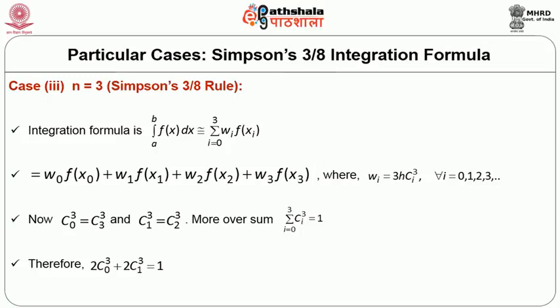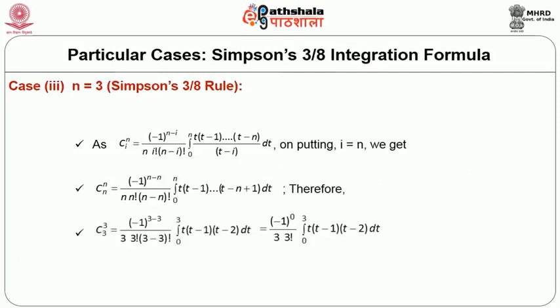And let us use the properties. 3c0 is 3c3, 3c1 is the same as 3c2, and the sum of all these 4, 3c0, 3c1, 3c2 and 3c3, has to be 1. So we need to derive only one of them, because 3c0 is the same as 3c3 and 3c1 is the same as 3c2, so only 2 of them need to be derived, and the sum of all of them is 1.